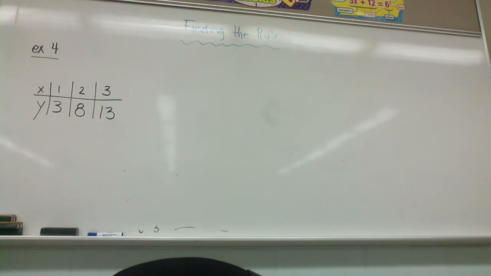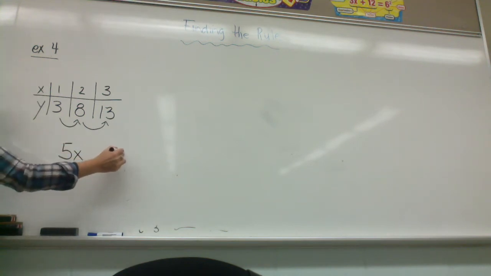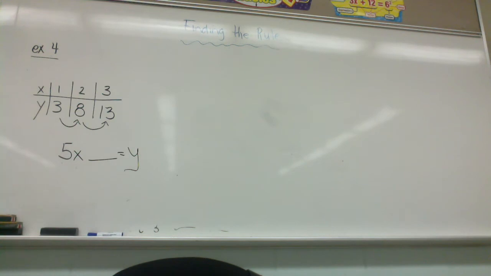So the first thing I need is to find my common difference. The common difference here is 5. So I'm going to put 5x equals y. I'm looking for the initial value.